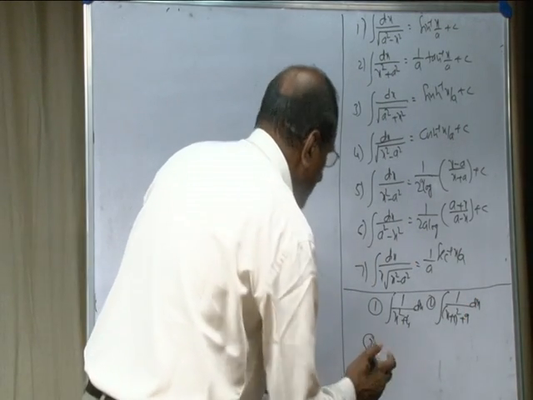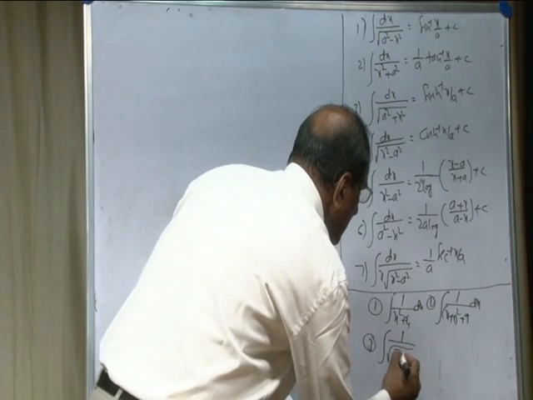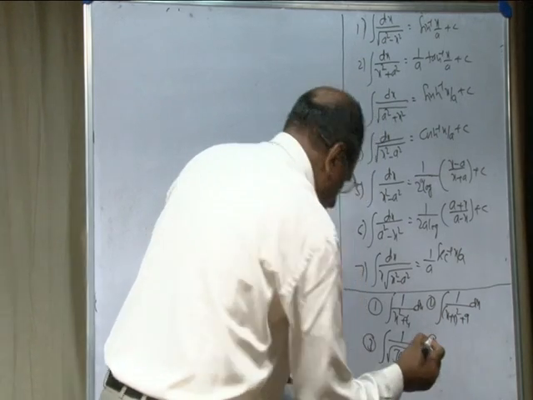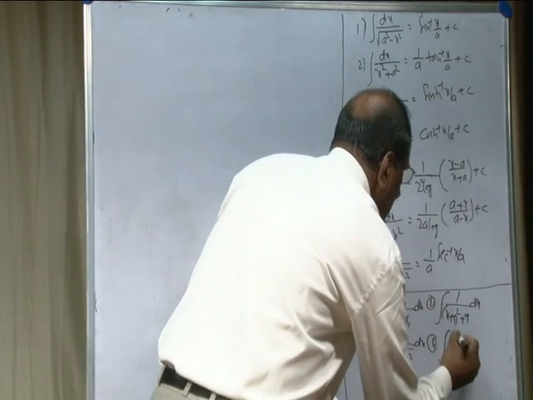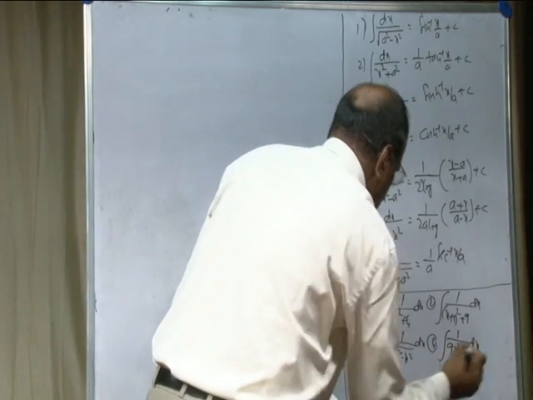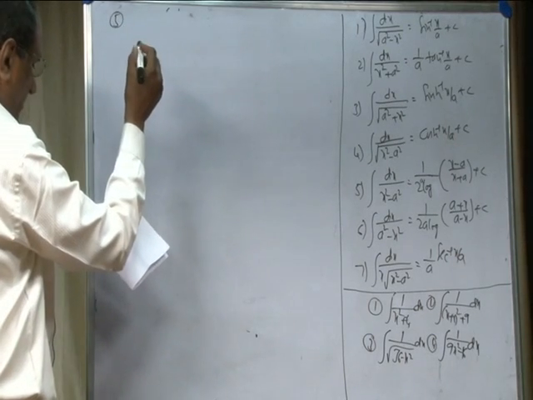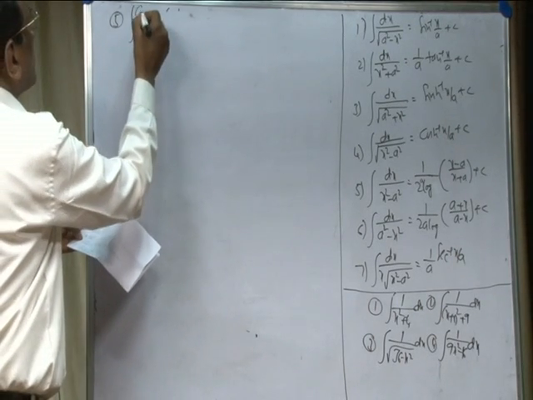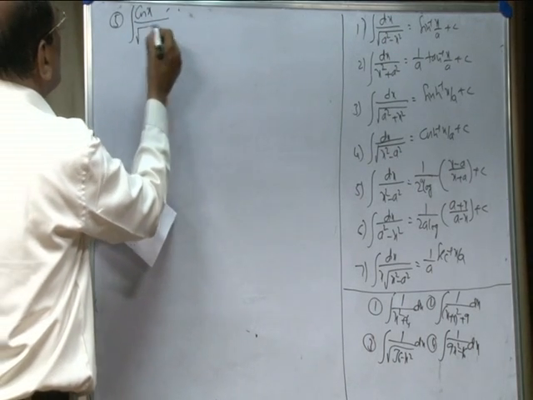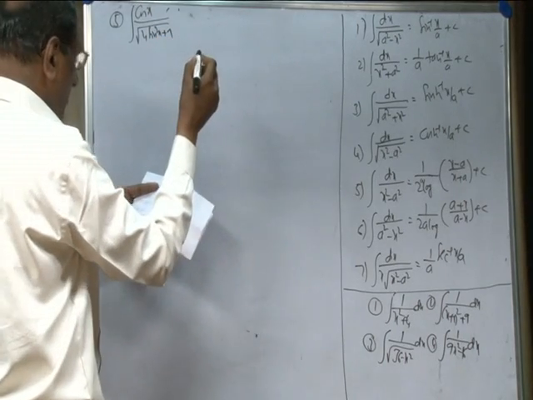Third problem: integration of 1 by root of 36 minus x square dx. Fourth problem: integration of 1 by 9x square minus 16 dx. Fifth problem: integration of cos x divided by root of 4 sin square x plus 9.